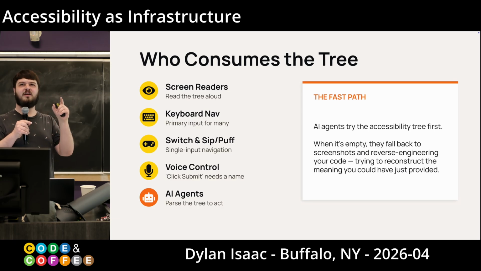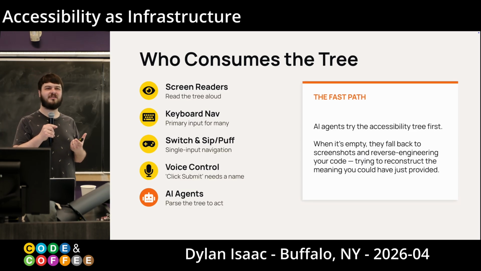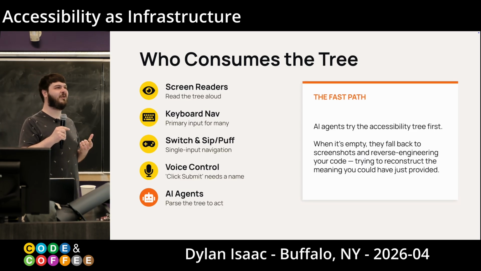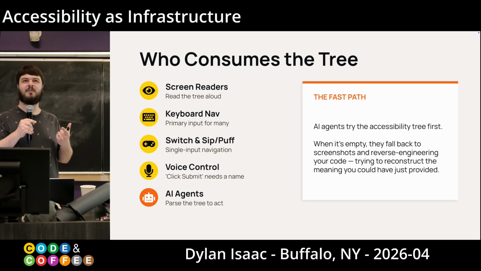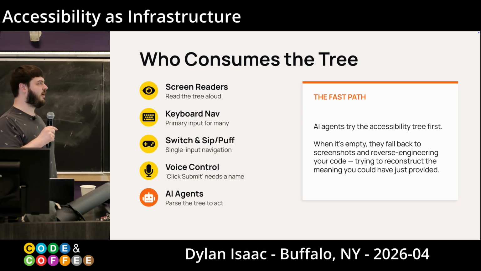And then you have to use the internal reasoning and the multimodal, which means image and text inputs, of the AI to be able to reconstruct what those underlying semantics are. So then it can hopefully perform those actions. So it's just way more simple if we can think of our accessibility tree, that semantic layer, as the basis of our application. It makes it more inclusive for all who happen to be using the device.